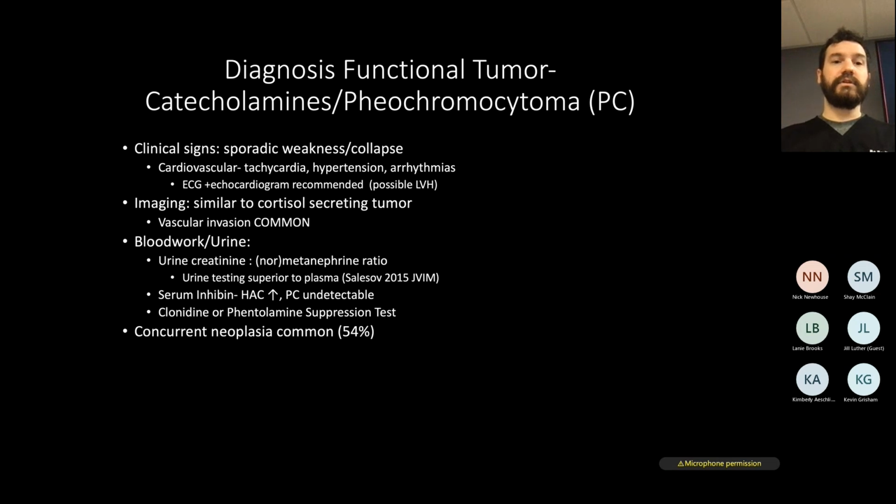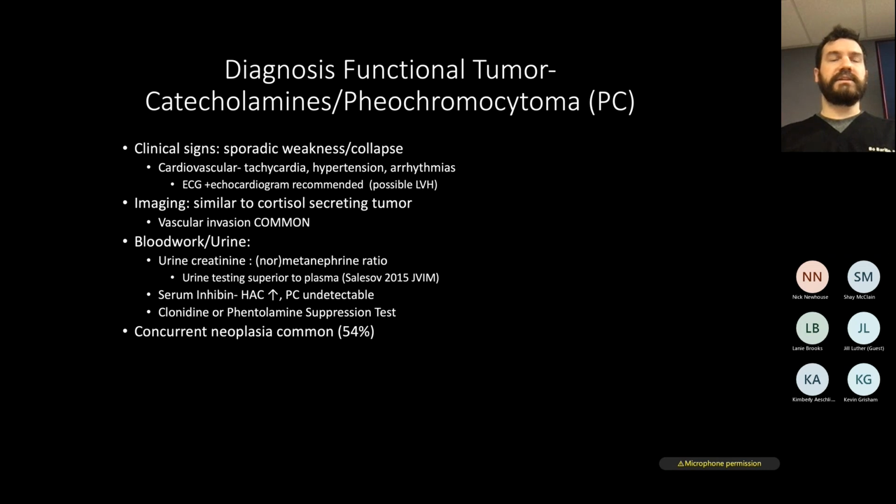Imaging usually will look similar to a cortisol secreting tumor, only these are much more likely to have vascular invasion. These tumors tend to be more locally invasive than adenocarcinoma, but both can certainly be metastatic or locally invasive.